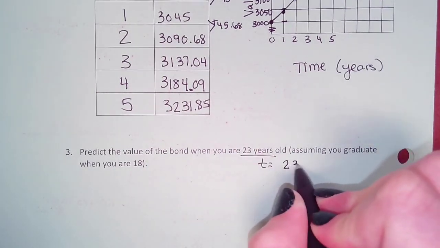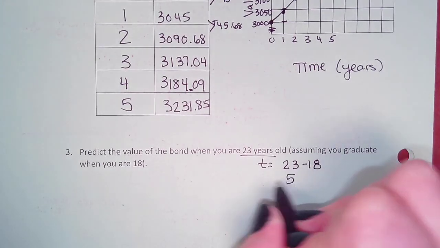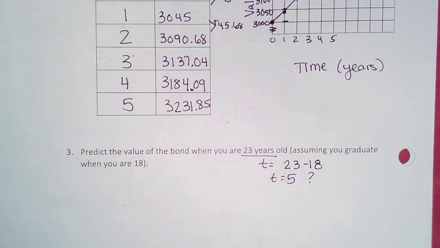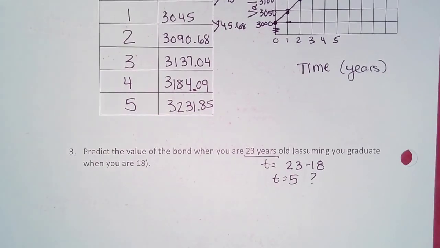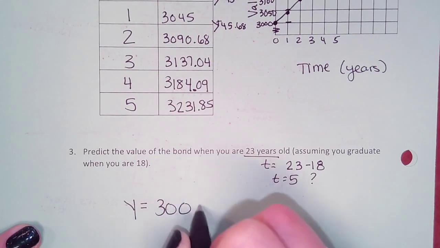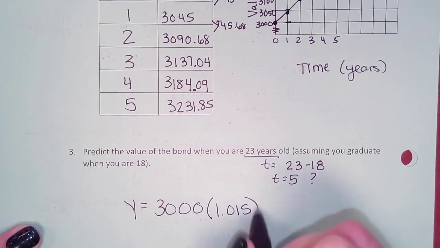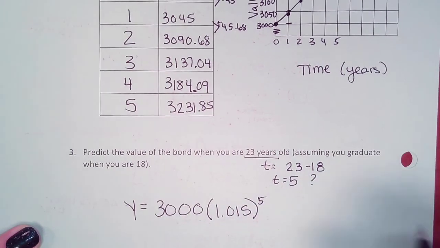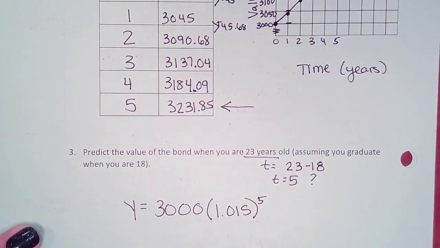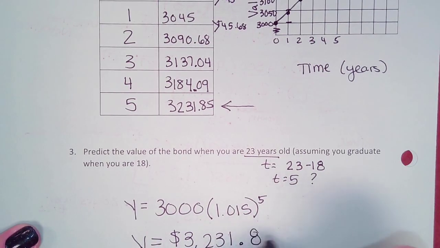Time would be 23 minus 18, and that is 5. So we want to know when t is 5. So we plug that into the equation. Well, just did that right here. So our answer's kind of right there already. Y equals $3,231.85.